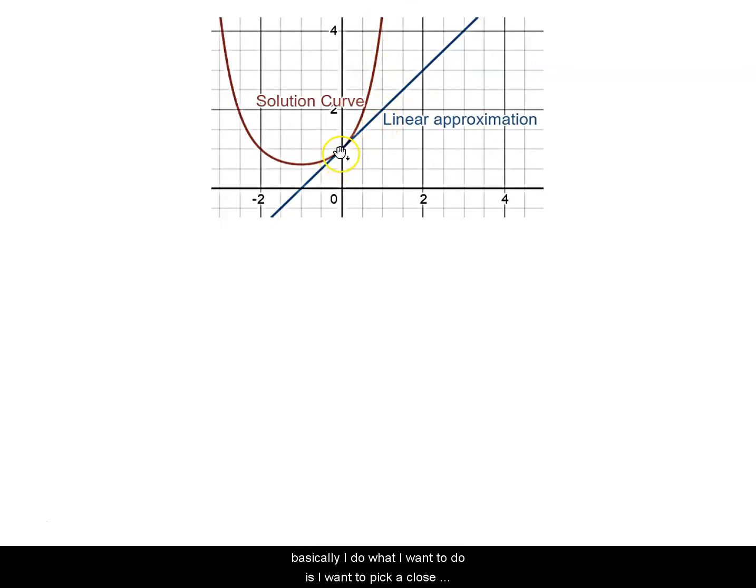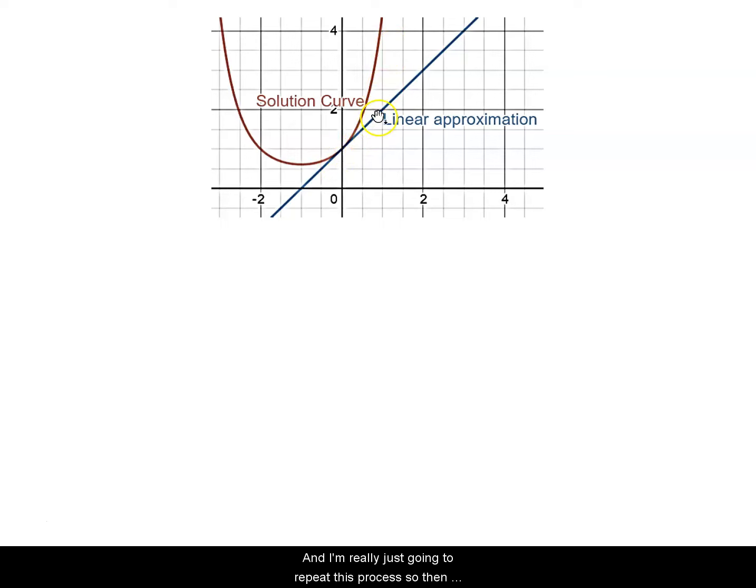So what I want to do is pick a point that is close so that the error is not too far off. And then I'm going to look at the slope at that point according to my equation, or the slope in the slope field that would be generated by this equation. And I'm going to correct my line, and draw a new line that has that slope, right?